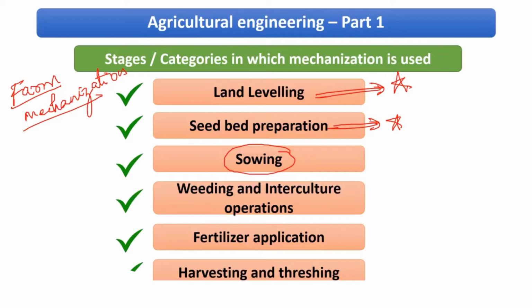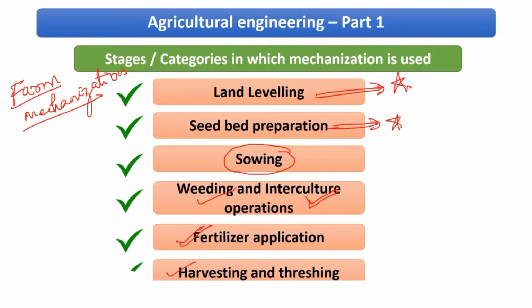Once the plants start growing, you need to do weeding and interculture operations, because there can be prevalence of weeds after that. You need to remove them to avoid competition, avoid wastage. Interculture operations are operations that are performed on the standing crops. This is one of the tillage operations, right? You have fertilizer application, you have harvesting and threshing.